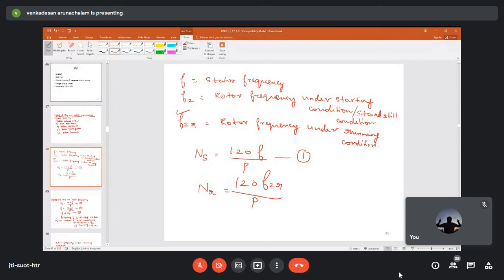The rotor is rotating. It is rotating because of what? The frequency with which the EMF is induced in the rotor, that is the rate of change, that is because of the rate of change. Because of that only the EMF is induced in the rotor.